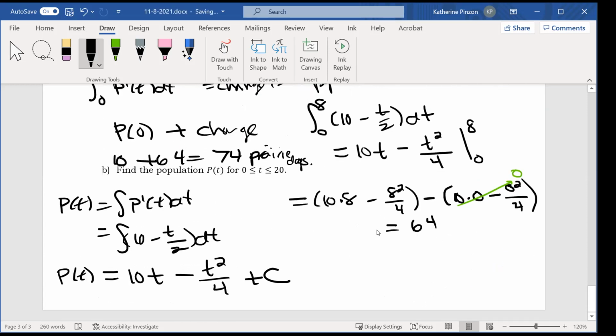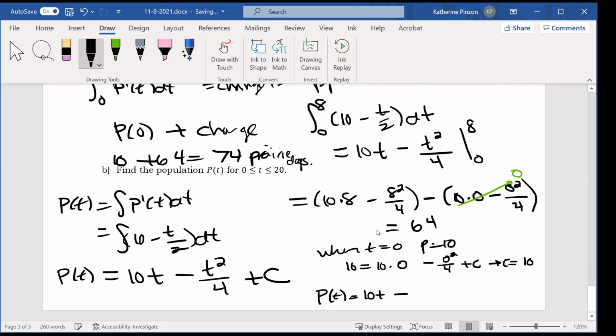So when T is 0, P equals 10. So 10 equals 10 times 0 minus 0 squared over 4 plus C, means C equals 10. Okay, so my function P of T is going to be 10T minus T squared over 4 plus 10.